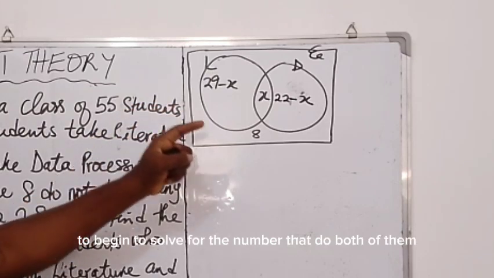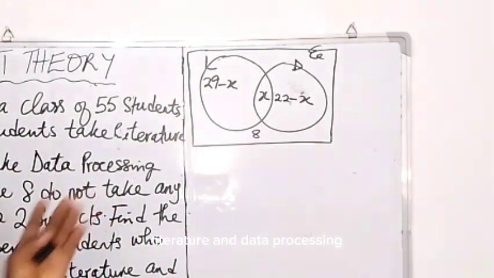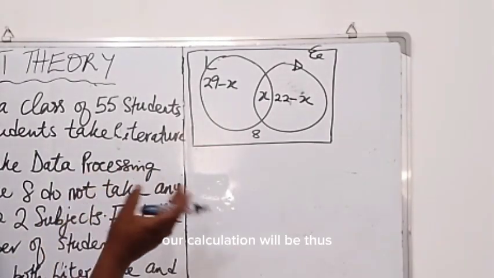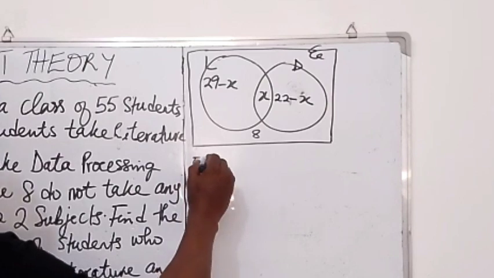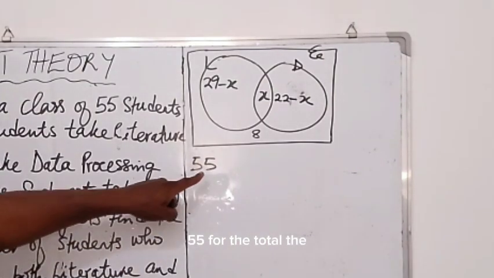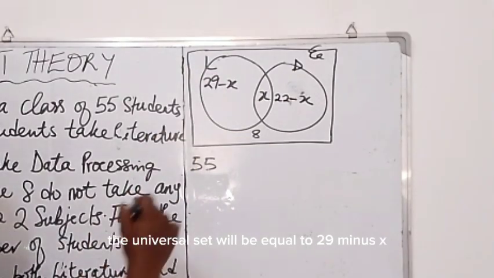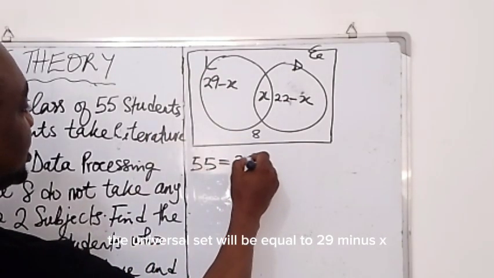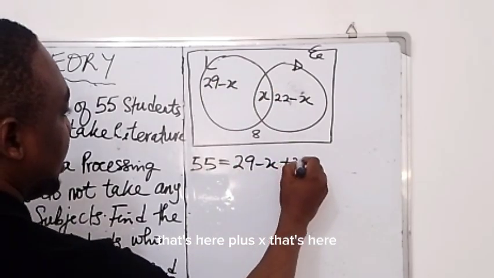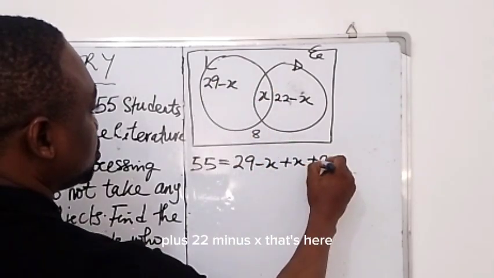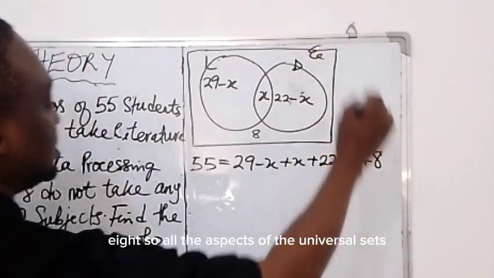Now to begin to solve for the number that do both literature and data processing, our calculation will be thus. 55 for the total, the universal set, will be equal to 29 minus x, that's here, plus x, that's here, plus 22 minus x, that's here, of course plus 8.